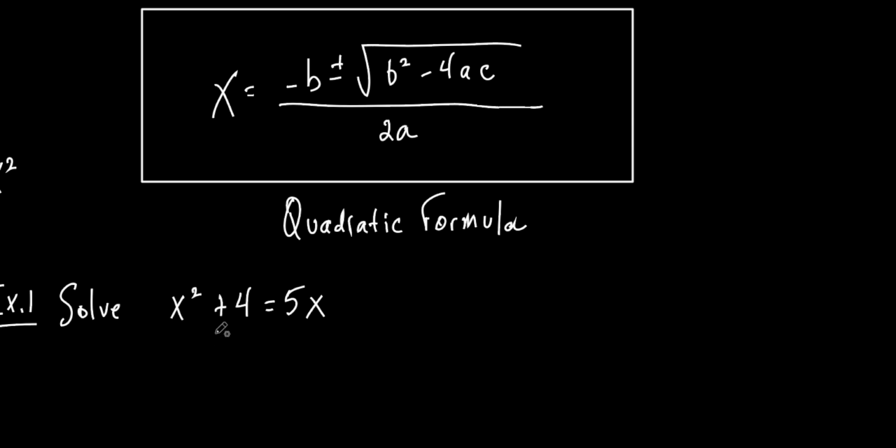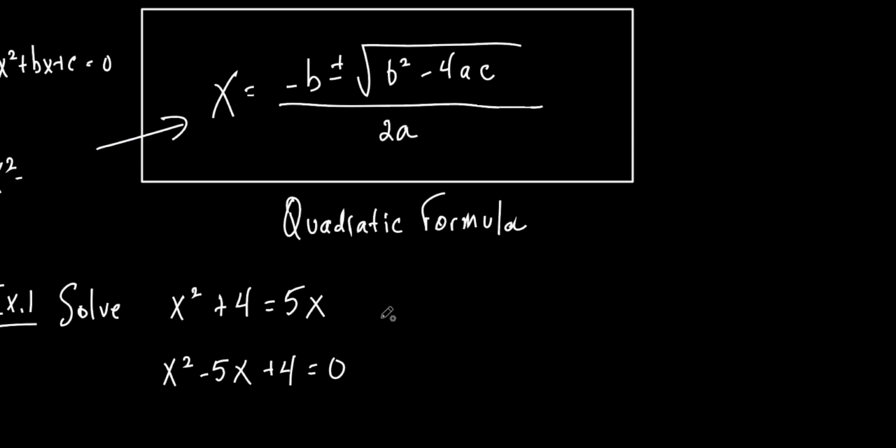Very good, because we're going to have to put this on the left-hand side, right? Because I want it on the same side with the x squared. So I subtract a 5x. Now, this 4 is already on the left-hand side, so let's just keep it there. Now, if I subtract that 5x, what do I have over here? I got a 0. So when you have ax squared plus bx plus c equals 0, when you have that situation, you can use the quadratic formula to solve for x, okay?